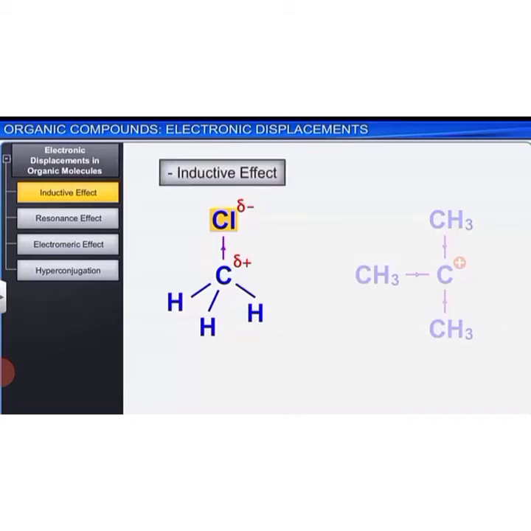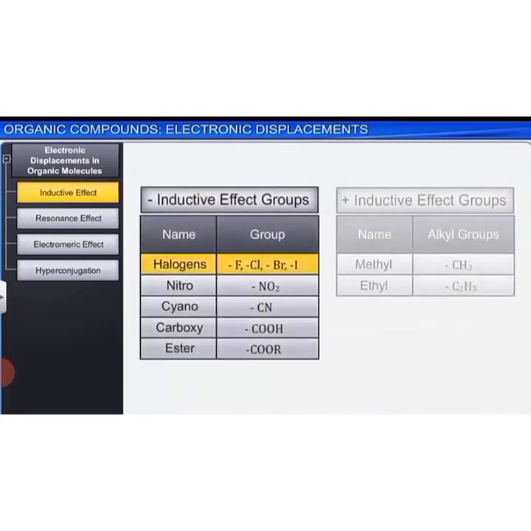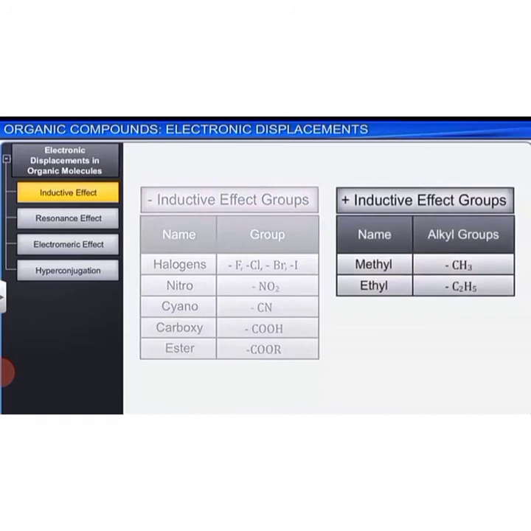On the other hand, if any atom or group attracts electrons less strongly than hydrogen does, then it is classified as electron donating group and is said to have plus inductive effect. Halogens, nitro, cyano, carboxy, and ester groups are electron withdrawing or minus inductive effect groups. Alkyl groups, for example, methyl and ethyl, are electron donating or plus inductive effect groups.